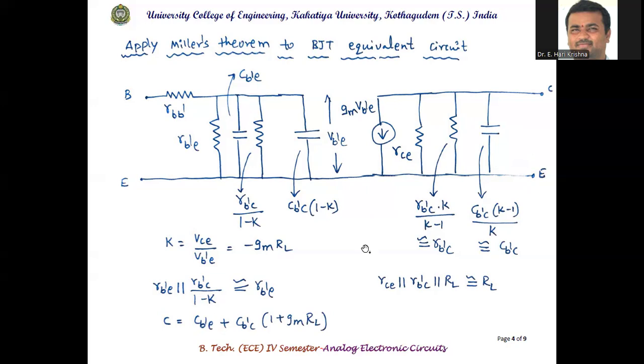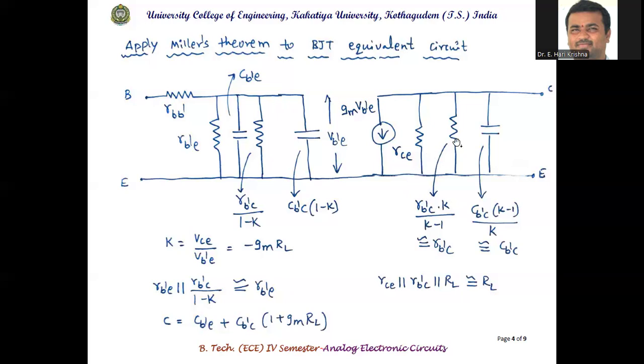So see here, the feedback capacitance is represented as CB'C into (1 minus K), and the feedback resistor is RB'C by (1 minus K). K is the gain VCE by VB'E, which is minus gm RL.